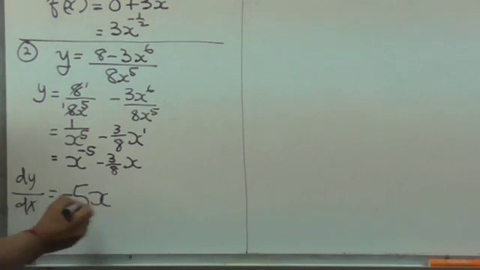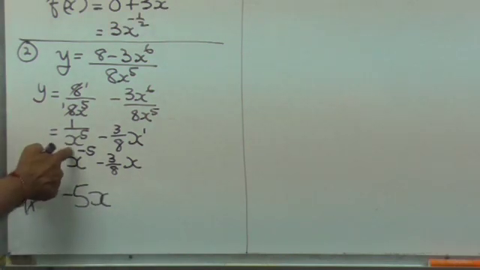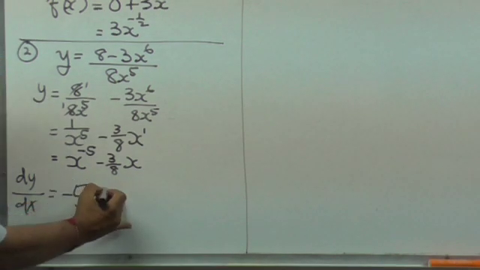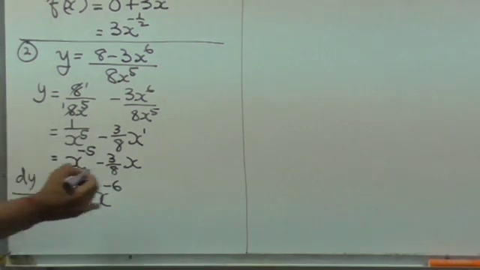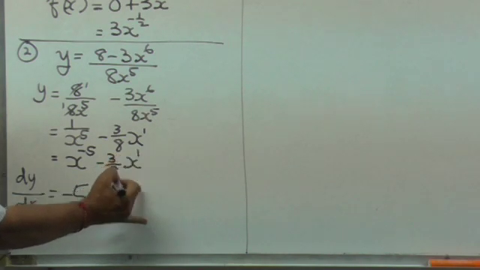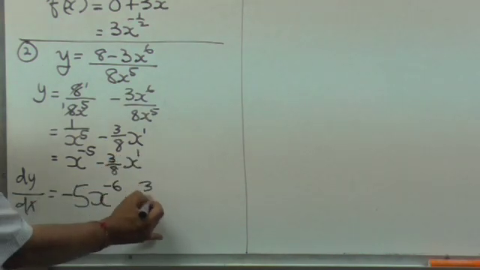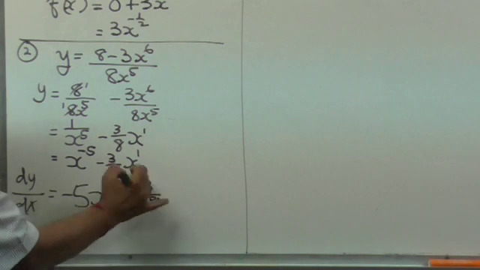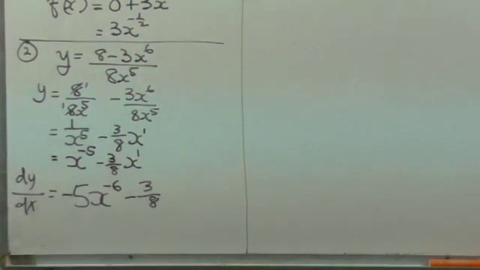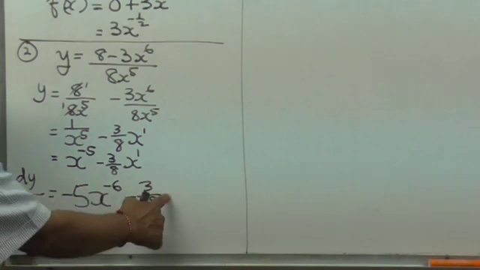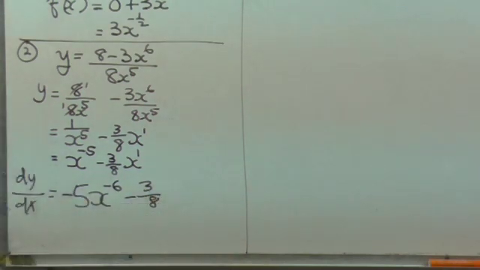Write down x. Now minus 5 minus 1 will give you minus 6. Now this 1 times minus 3 will give you minus 3 over 8. And that will become x. 1 minus 1 will give you x to the 0. X to the 0 I can ignore. So that's your final answer for number 2.